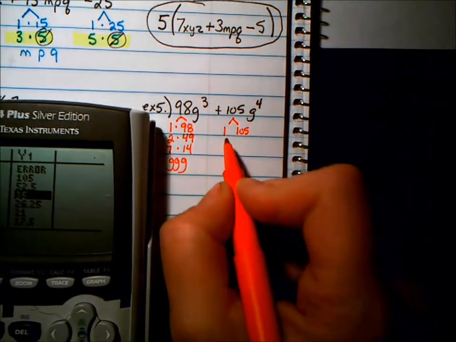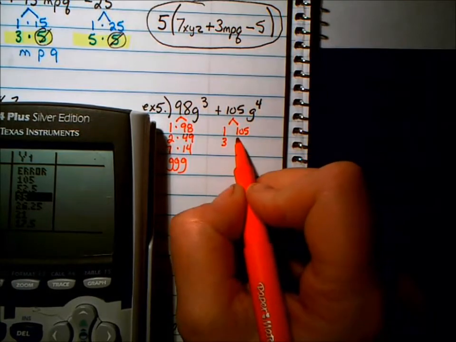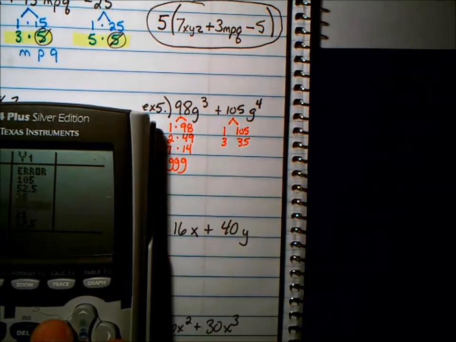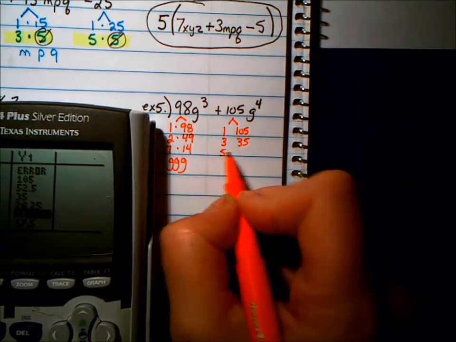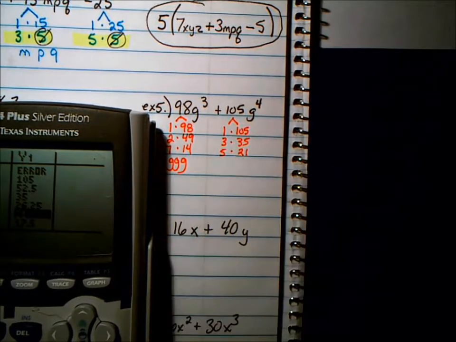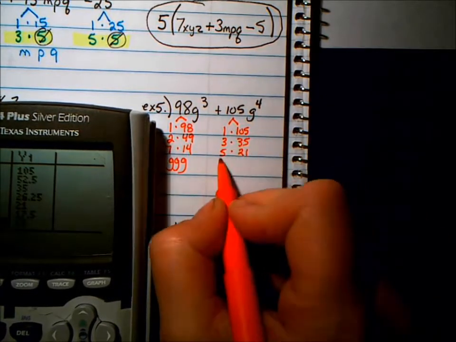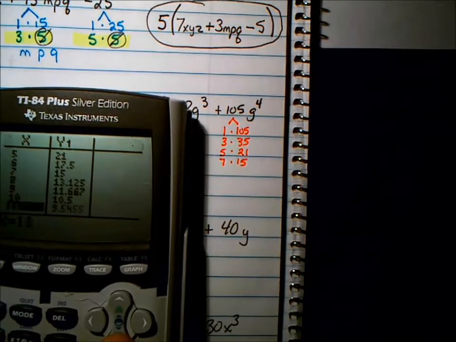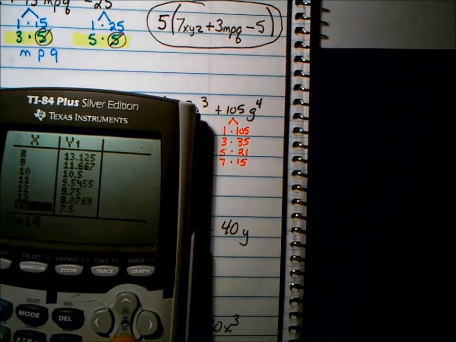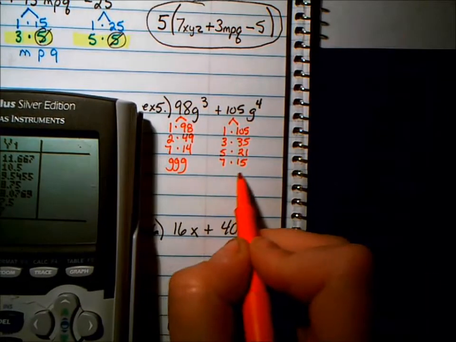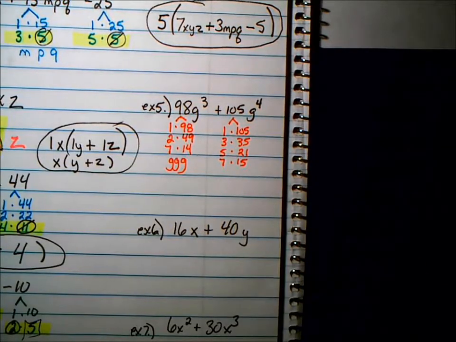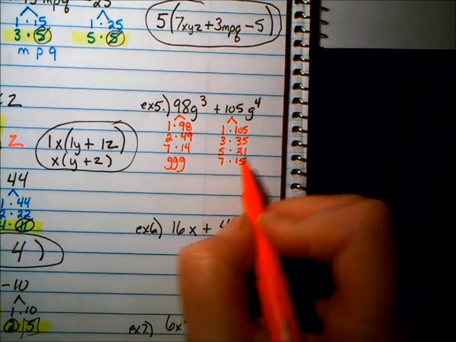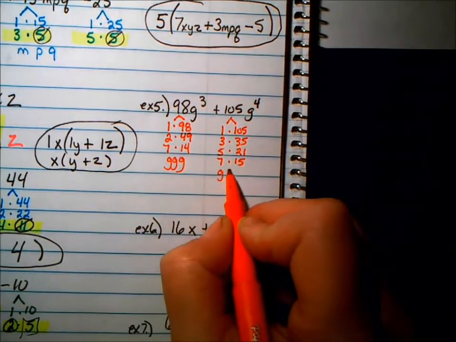I have 3 and 35. I have 5 and 21. I have 7 and 15. And then I have 15 and 7, which repeats. I don't want to repeat there. So that's where I stop, and now I have 4 factors.